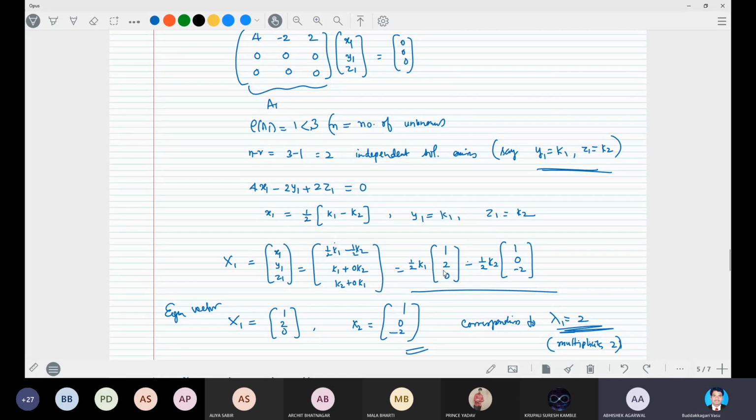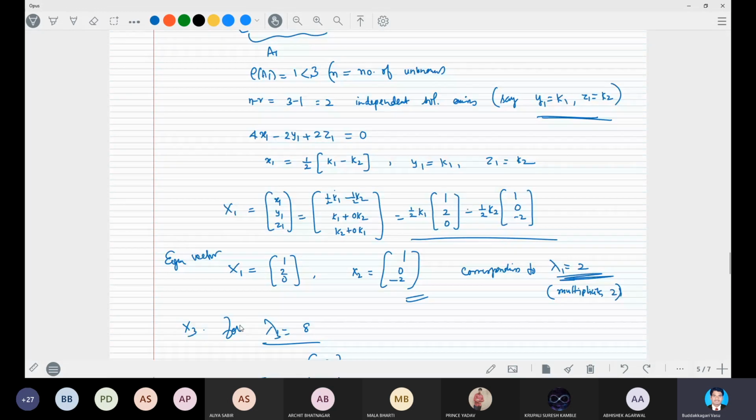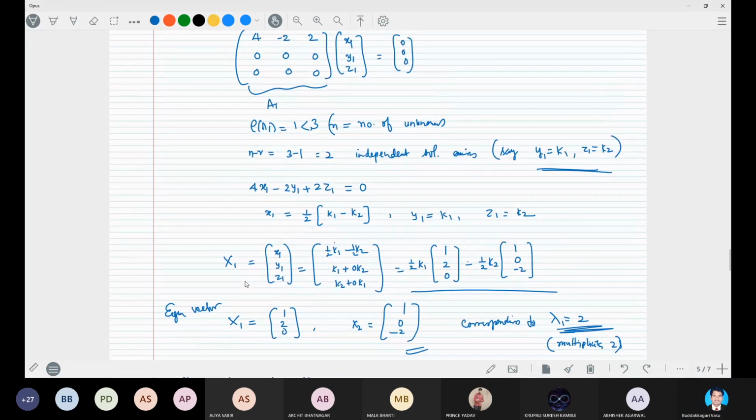So these two independent vectors we can consider as the required eigenvectors for the corresponding eigenvalue lambda 2. Lambda is equal to 2 with multiplicity 2. Understood? Any doubt in this? No, sir. Good. Now find the third one.